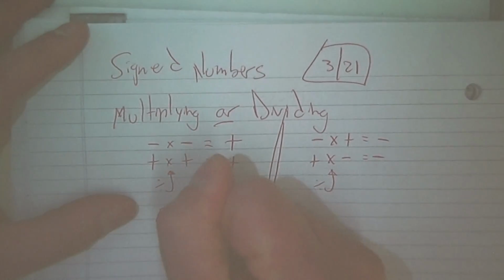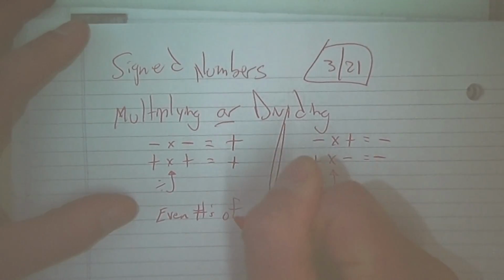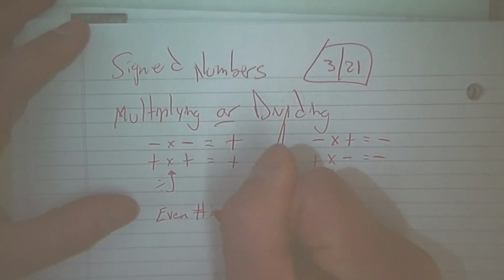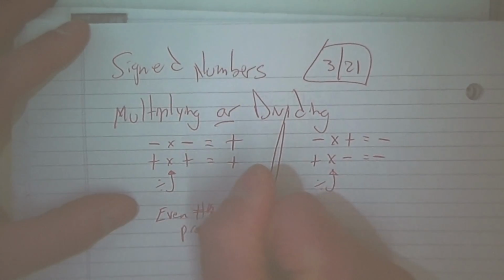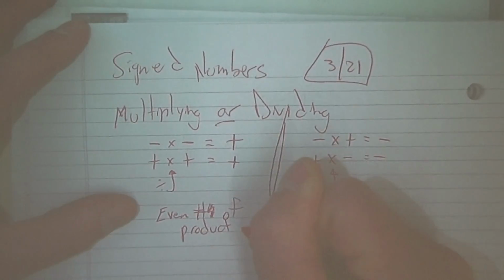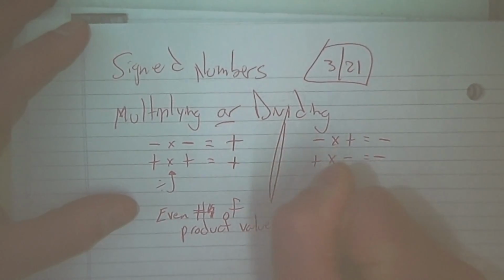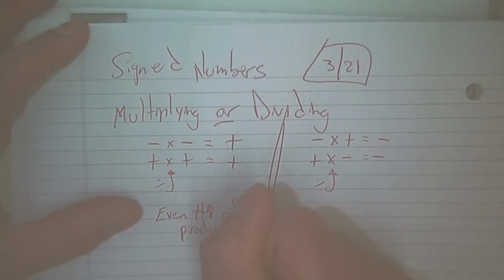So for an even number of product values, the answer is positive.